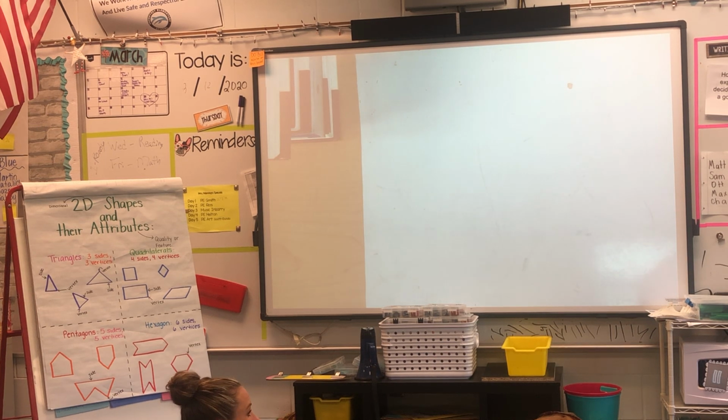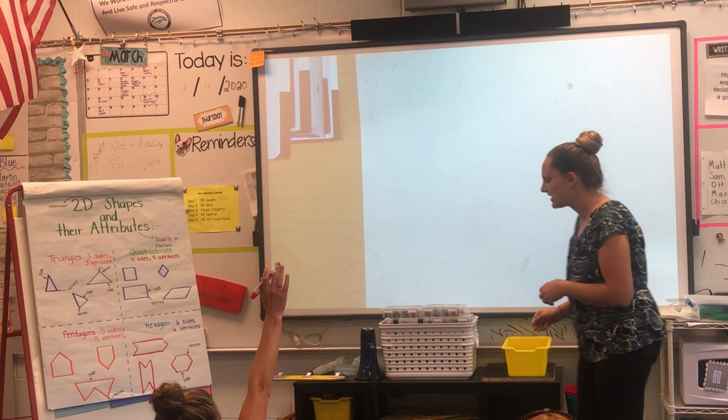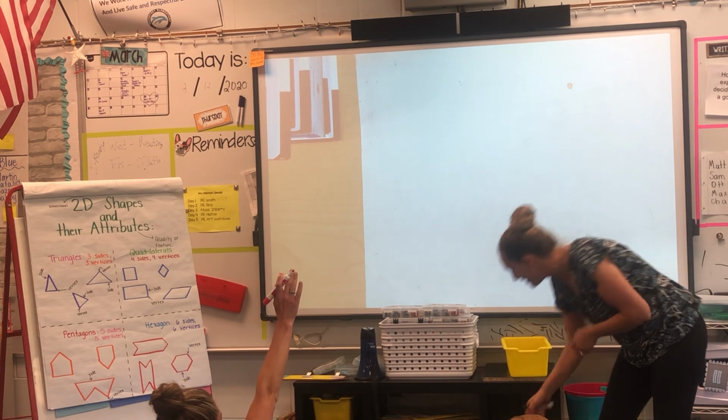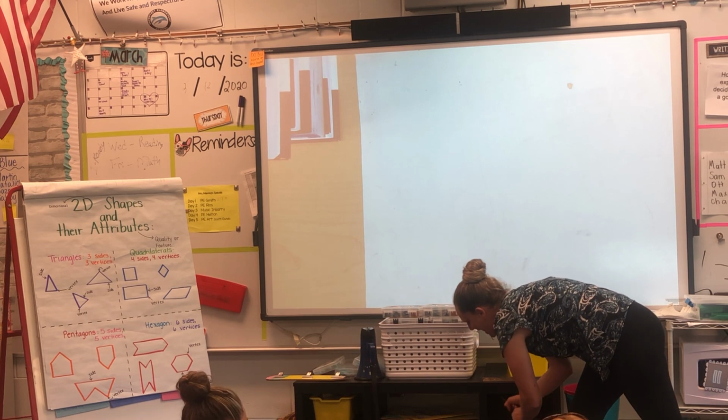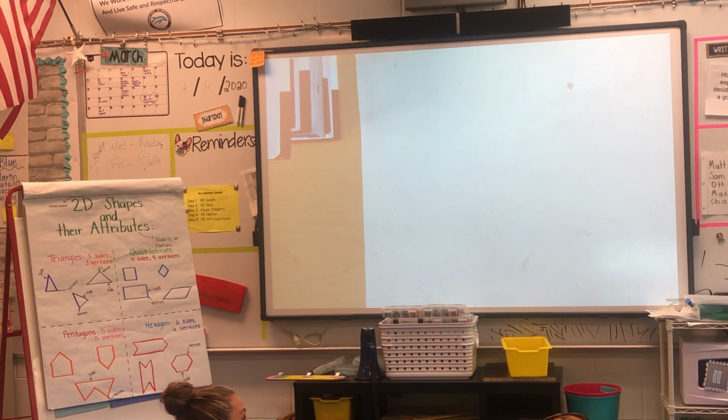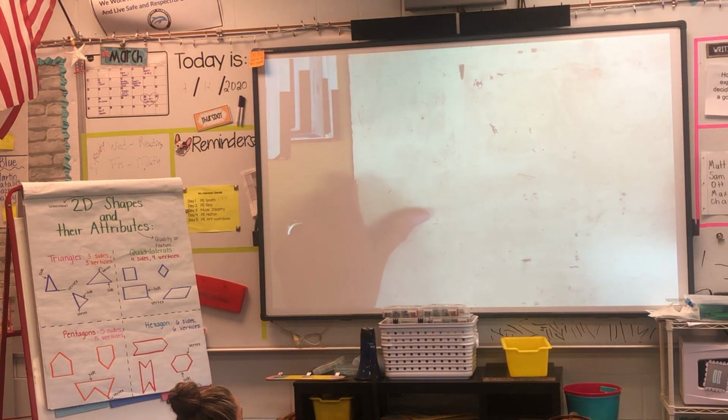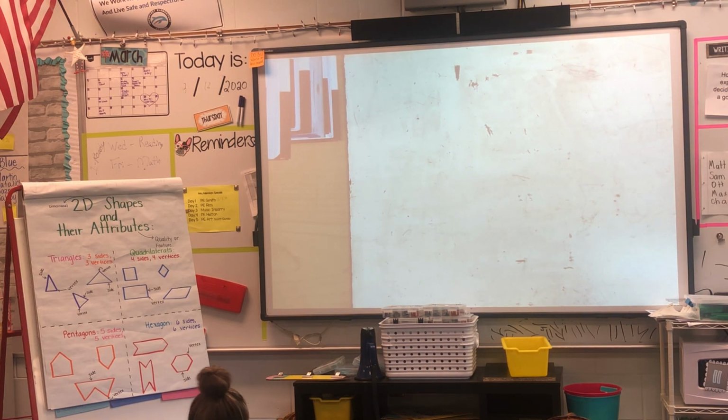I want us to start with drawing a pentagon. How many sides does a pentagon have? 5 sides. That is correct. Now, do the sides all have to match?